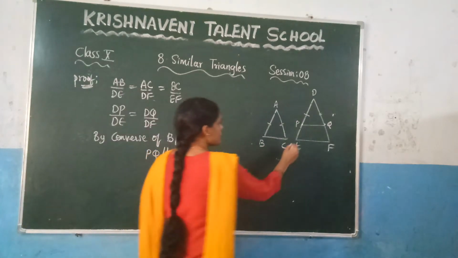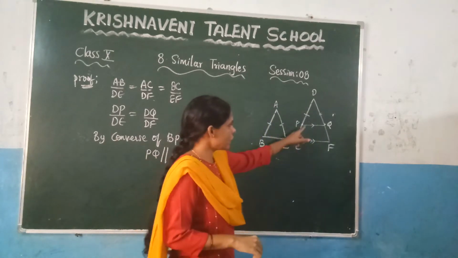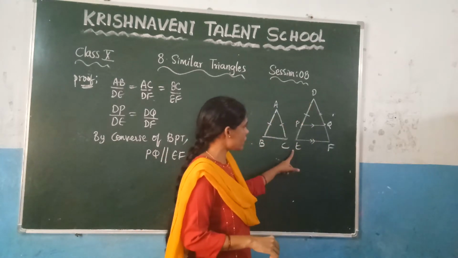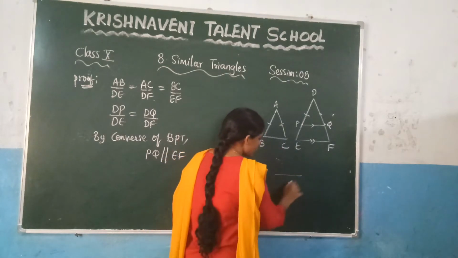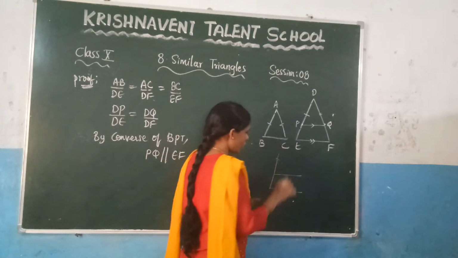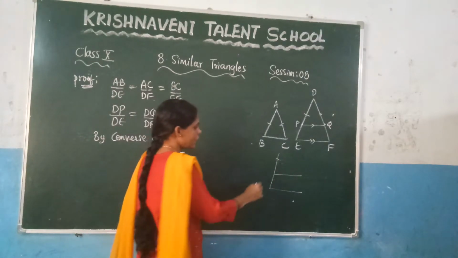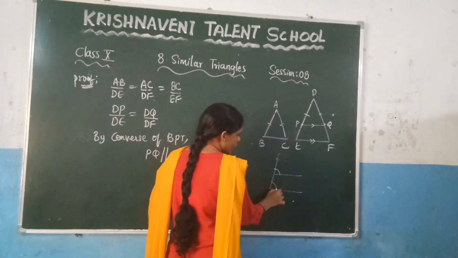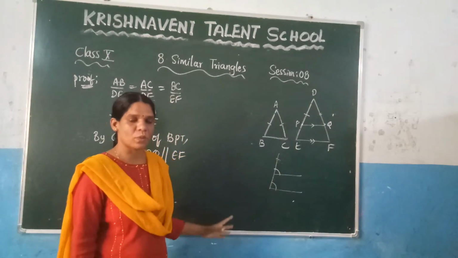That means this line is parallel to this line. And you know that if these two lines are parallel, then this line DE we call a transversal. And in a transversal, what are these angles called? We call these angles corresponding angles. What are corresponding angles?